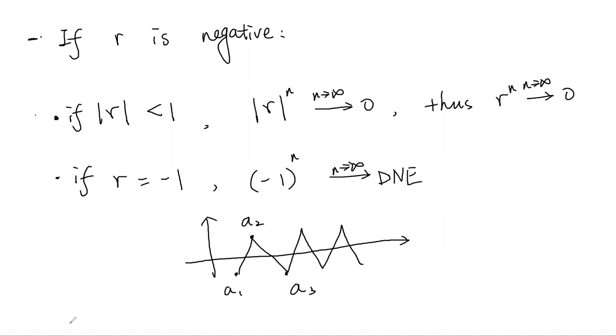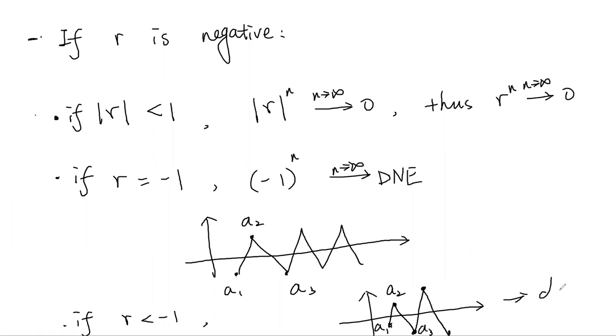If r is less than -1, which means the absolute value of r is greater than 1, then the sequence will also oscillate, but the magnitude gets larger and larger. So this is also divergent.